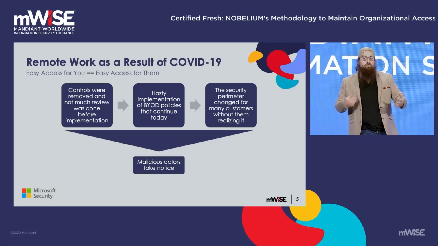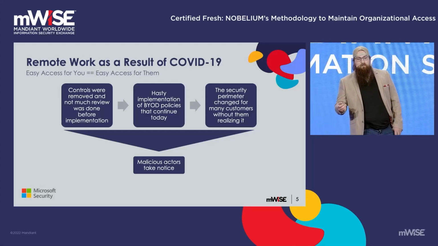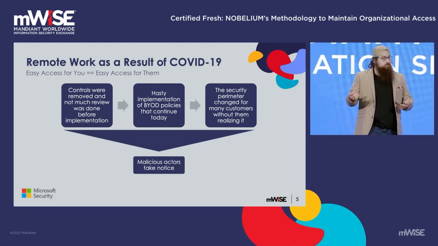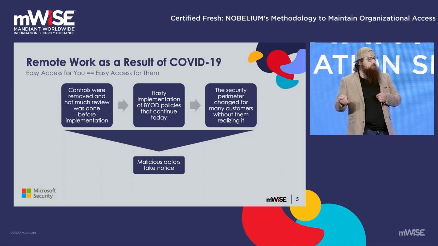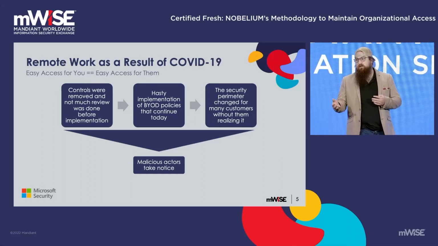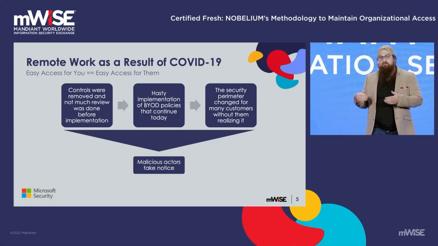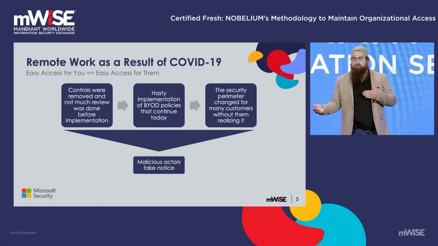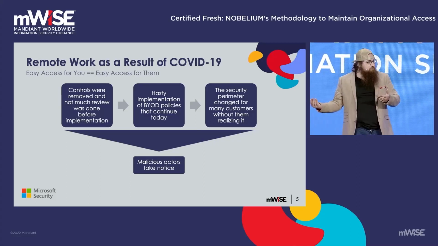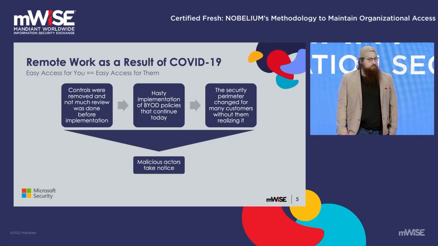They move work forward, they allow people to work more effectively, but it's important to take a close look at where that security perimeter is, because actors such as NOBELIUM have begun to notice and exploit those potentially weakened security postures in areas you're not looking. All sorts of different things. You might put an application on the internet to make it easier to access. Well, if that application is not necessarily patched or the most secure application in the world, it becomes ripe for them to exploit that type of application.